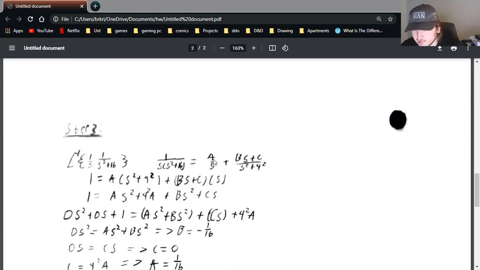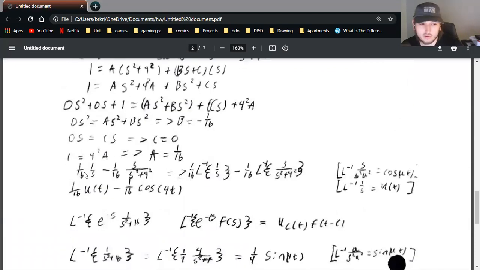Plug these back into this equation, and we get 1/16 times 1/s minus 1/16 times s over s squared plus 4 squared. That we can take the inverse Laplace of. So it would be 1/16 the inverse Laplace of 1/s minus 1/16 the inverse Laplace of s over s squared plus 4 squared.